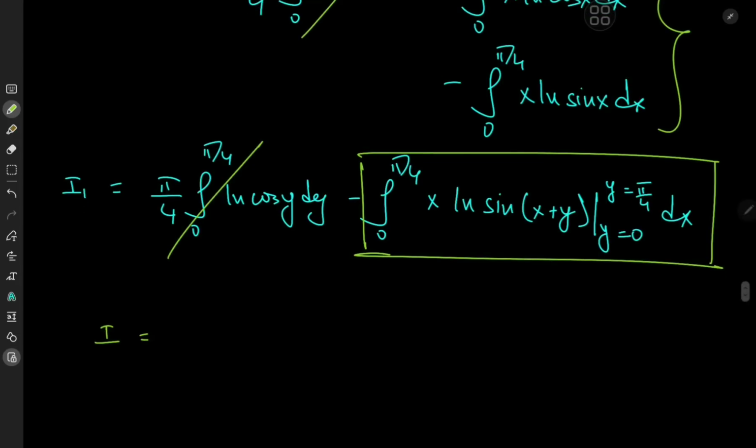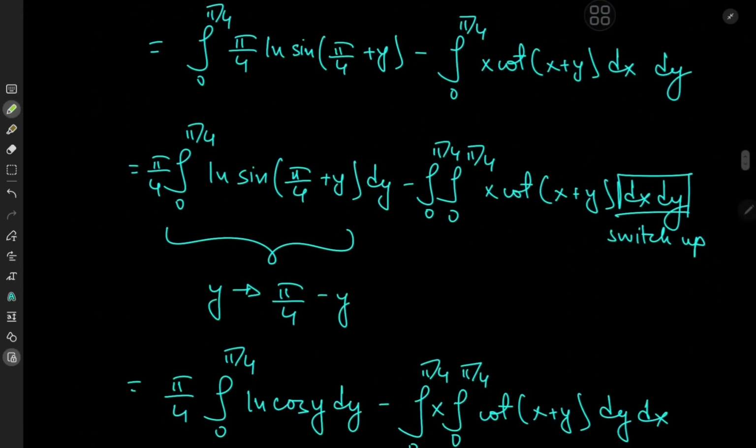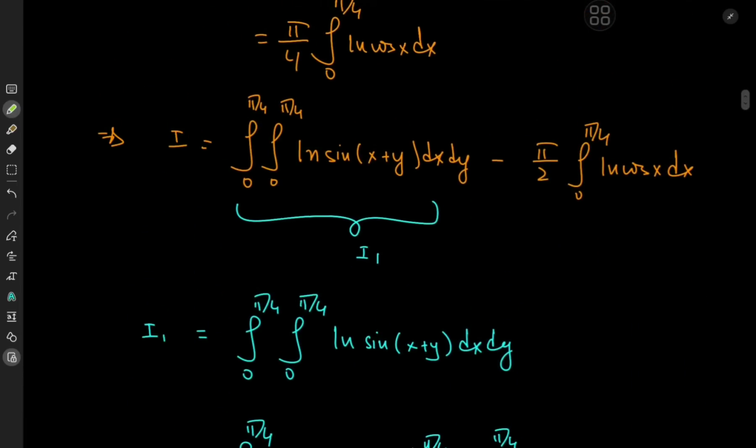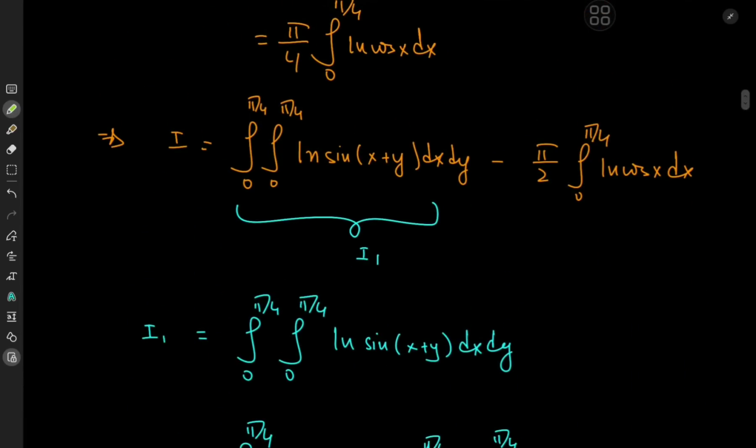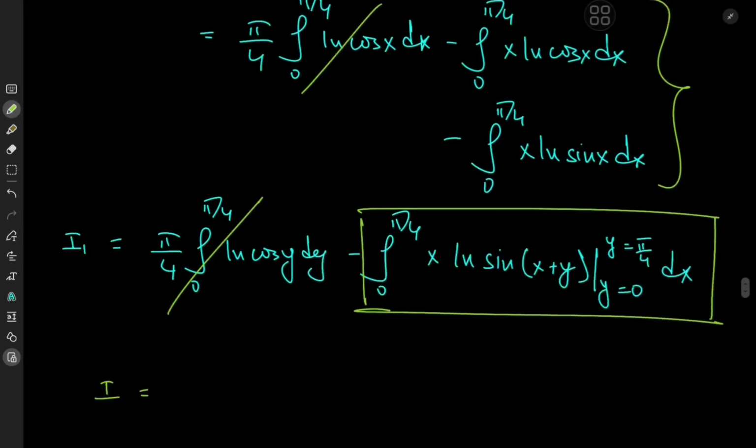Well, it was something up here, that was going to be I sub 1. We have its result: the sum of those two integrals, x log sine and x log cosine, minus pi by 2 times a surviving integral 0 to pi by 4 of log cosine x, which is quite encouraging.